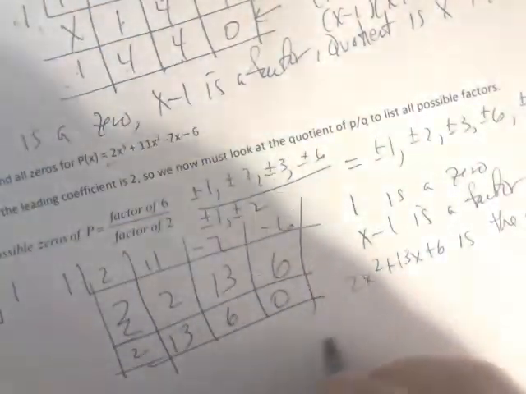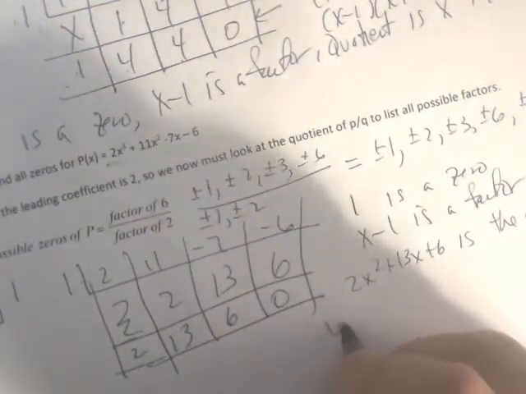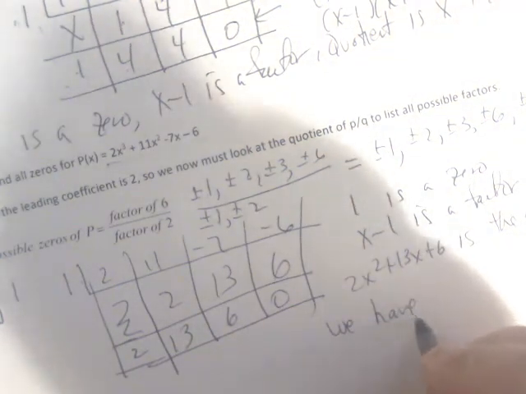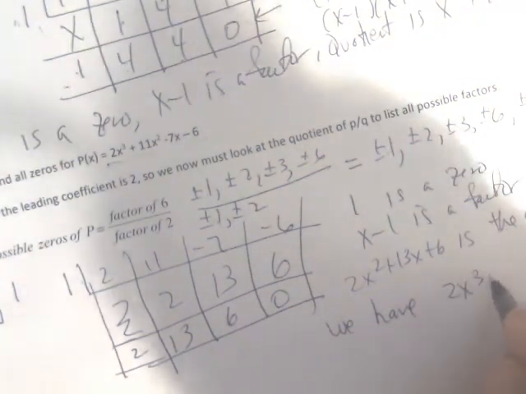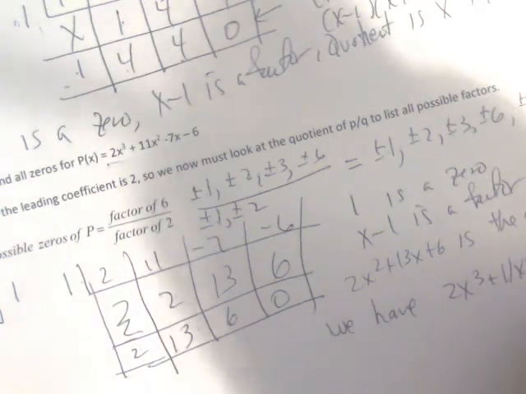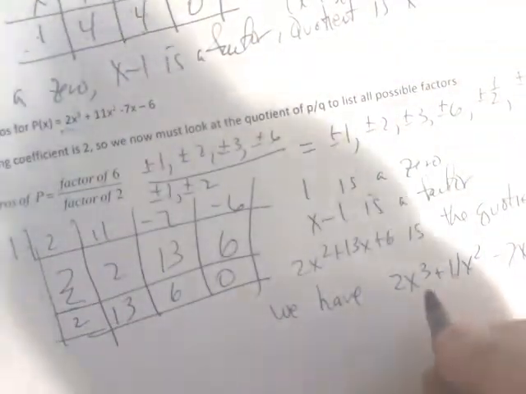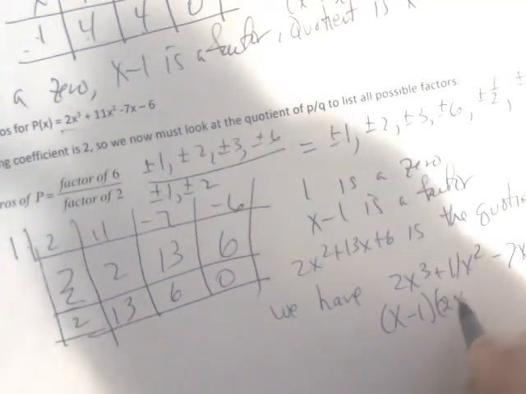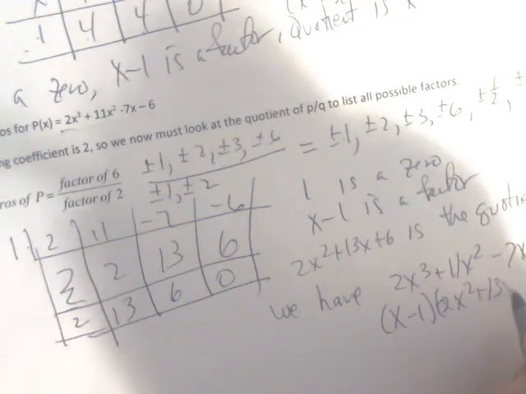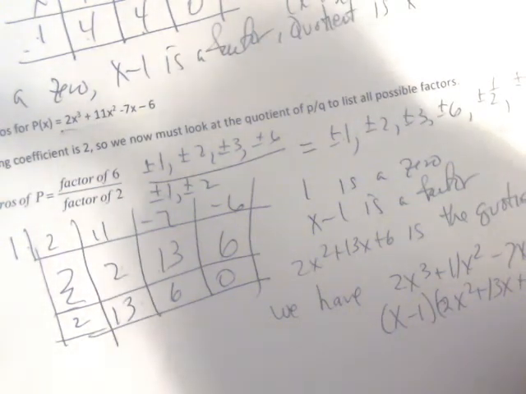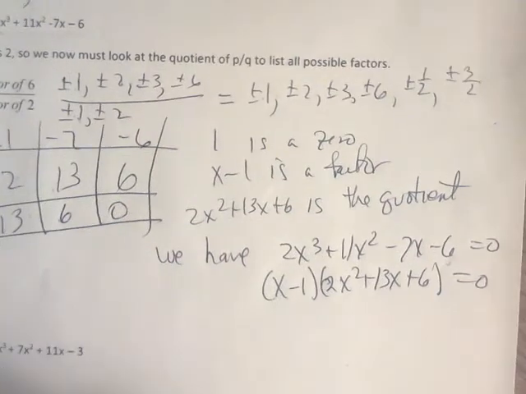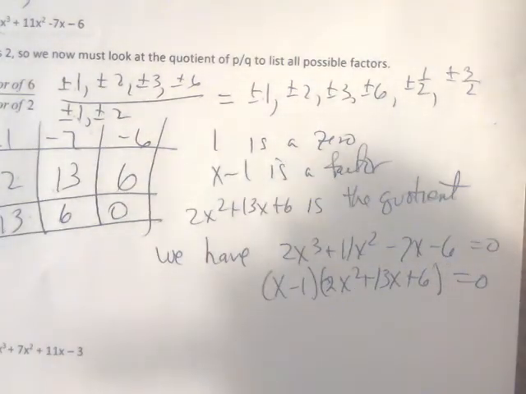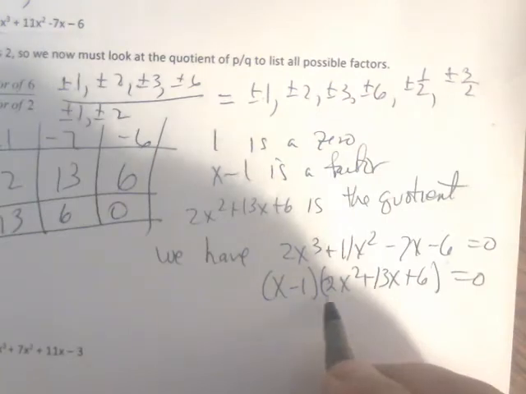So what I've done is I've taken 2x cubed plus 11x squared minus 7x minus 6 equals 0. And we factored it into x minus 1 times 2x squared plus 13x plus 6. So I can factor this.